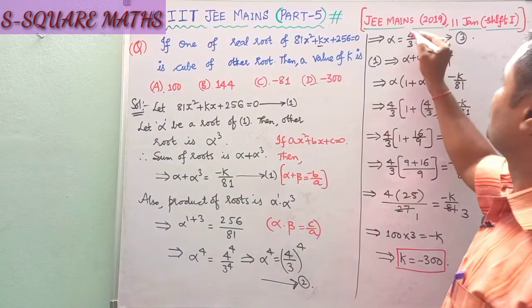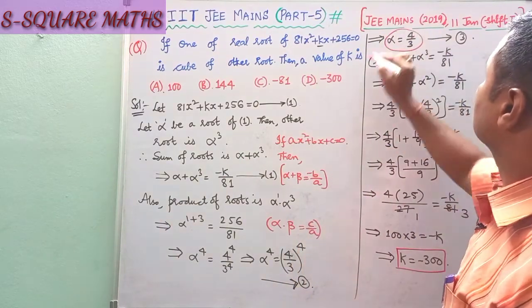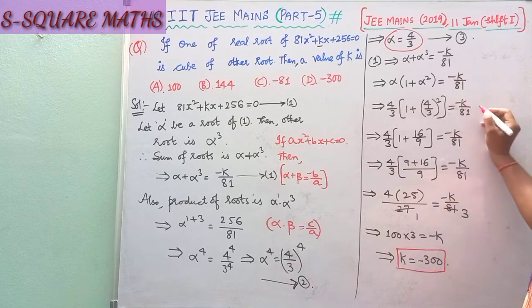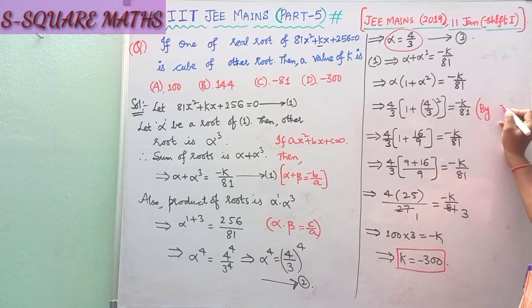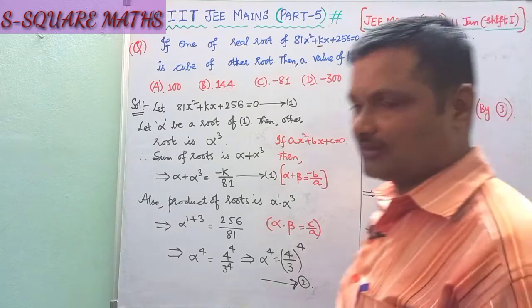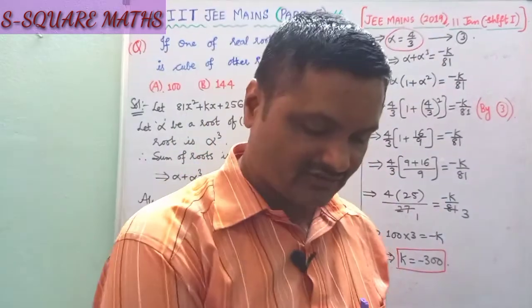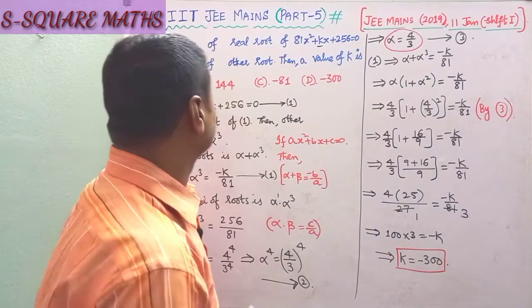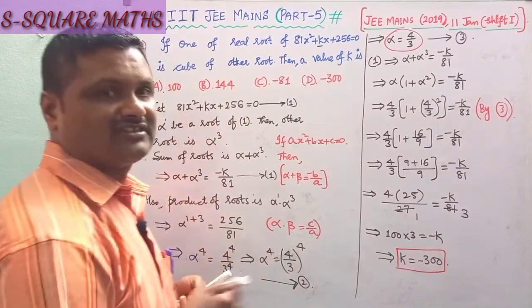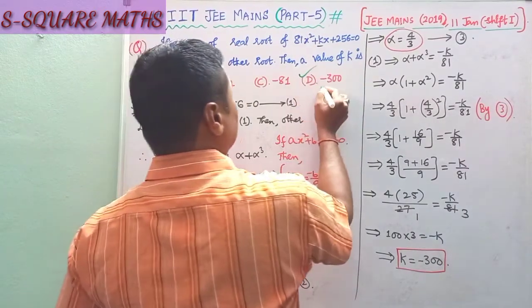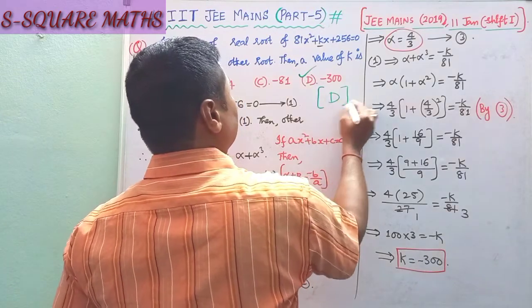The important step here is that after getting alpha, I substituted it. And according to our options, A, B, C, D, option D suits, which is minus 300.